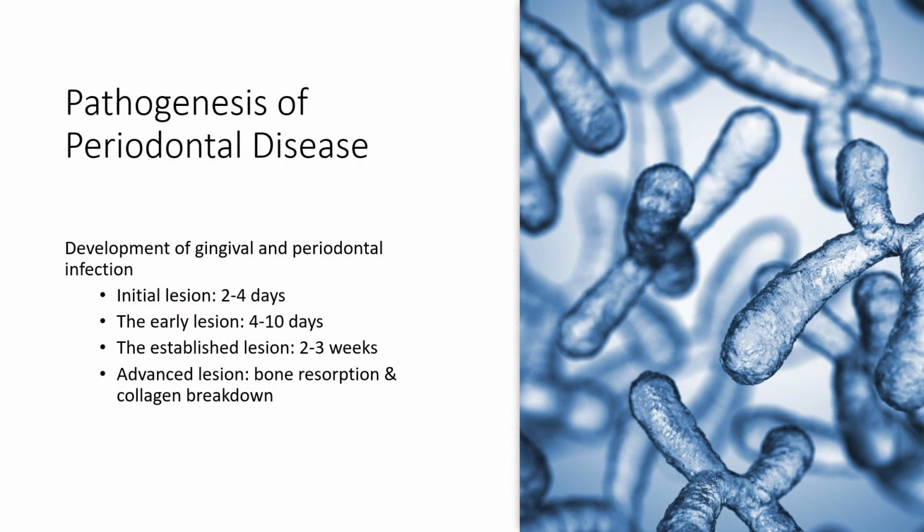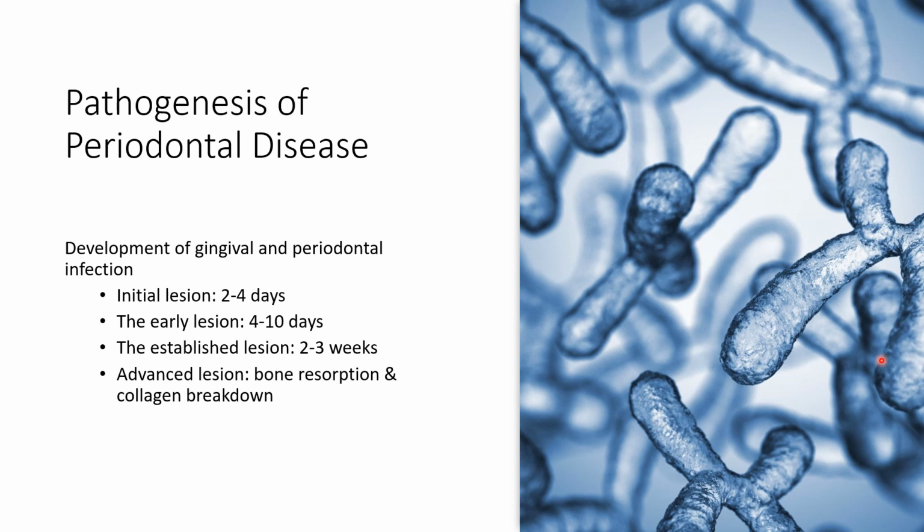So the initial lesion will occur within 2 to 4 days, with the migration and infiltration of white blood cells and neutrophils into the junctional epithelium and the gingival crevicular fluid. There's no clinical evidence of change in the earliest phase.